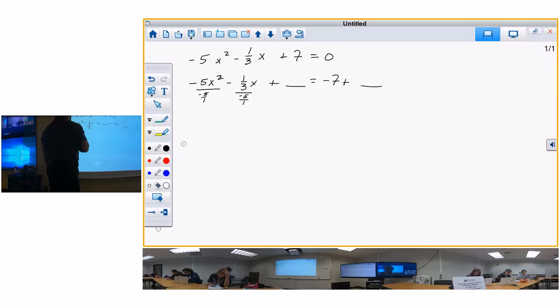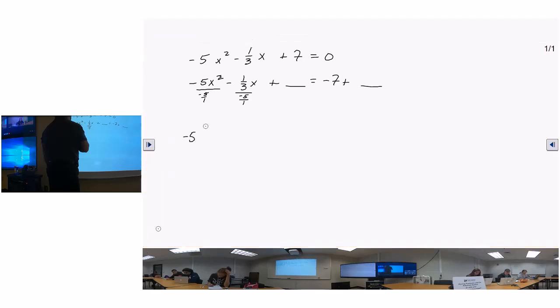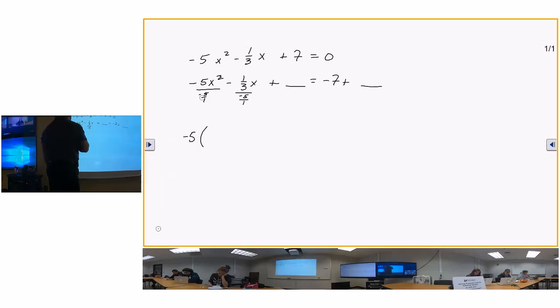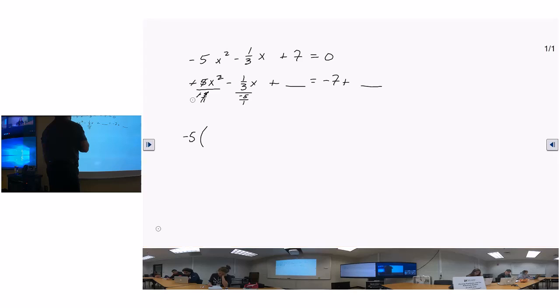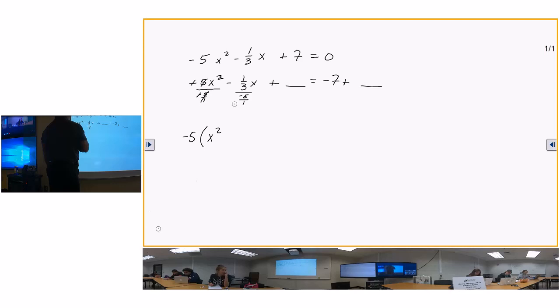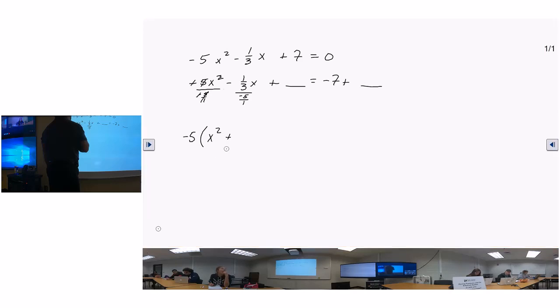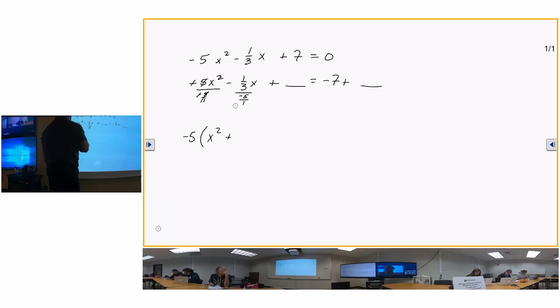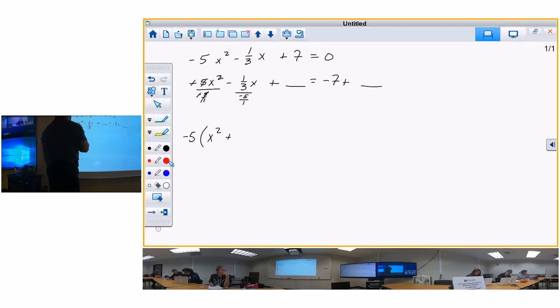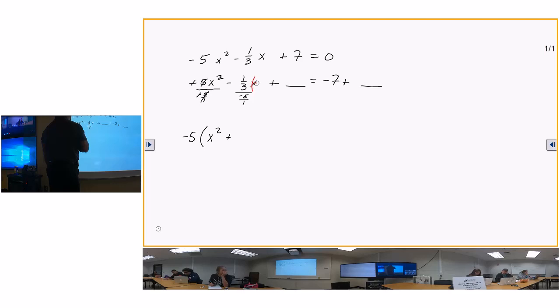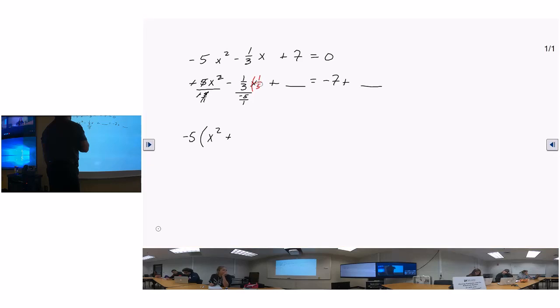That's negative 5 parentheses, and this cancels with this. That leaves x squared. And negative divided by negative is a positive. When you divide a fraction by another fraction, you multiply by the reciprocal.